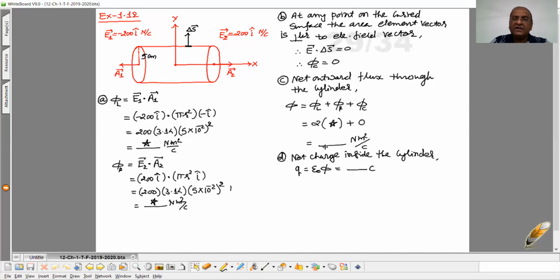Now we will get the net outward flux through the cylinder. Then after that, the net charge inside the cylinder. As per Gauss's theorem, we can write Q is epsilon 0 into phi, the net flux we calculated here. So now we have to substitute this value of flux and then the value of epsilon 0, and we will get the net charge inside the cylinder. Clear to all of you?